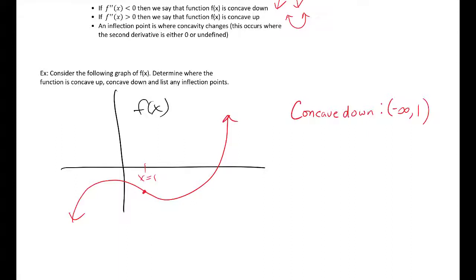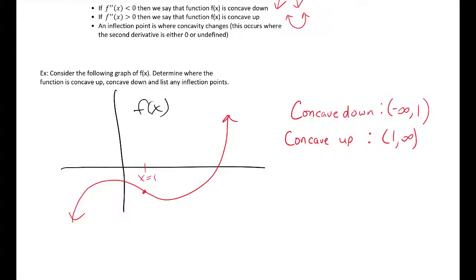And then we start to switch our concavity. Now we go from concave down to concave up. Once again, the question is, for what values of x are we concave up? We are going to be concave up from 1 to positive infinity.